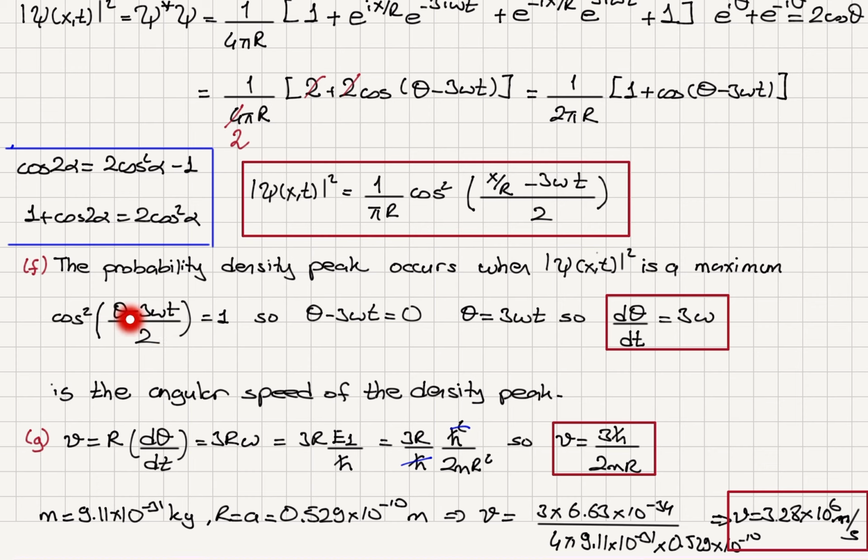So that means theta minus 3 omega t is 0, or theta is 3 omega t, or d theta dt is 3 omega. So this is the angular speed of the density peak. The density peak occurs when theta is equal to 3 omega t. That's the maximum extremum point. The first derivative must be 0, or this must be a maximum. The maximum is, for cosine squared, 1.